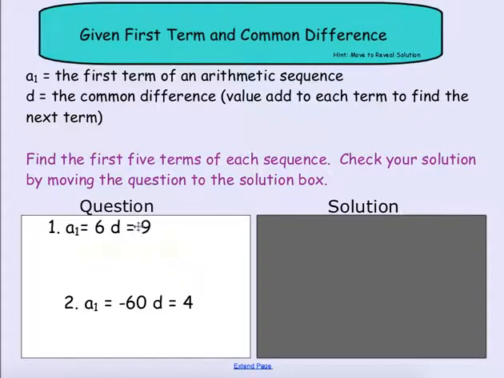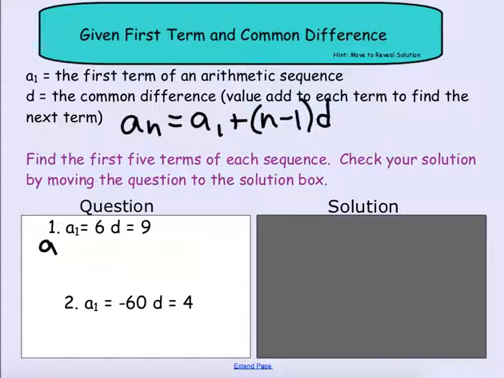Now, when we go to create our formula, we need both of these pieces. Our formula is a sub n equals a sub 1 plus n minus 1 differences. Then a sub n is, well, our a sub 1 we can replace with 6 since that's our first term.